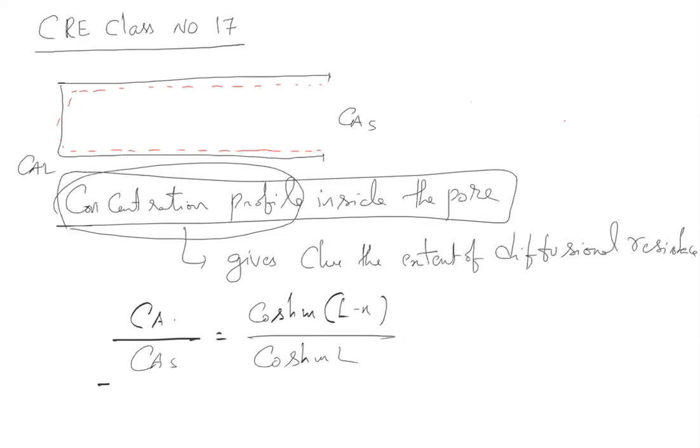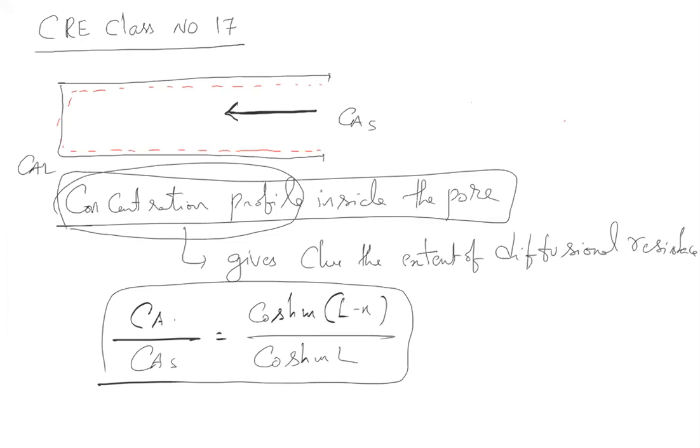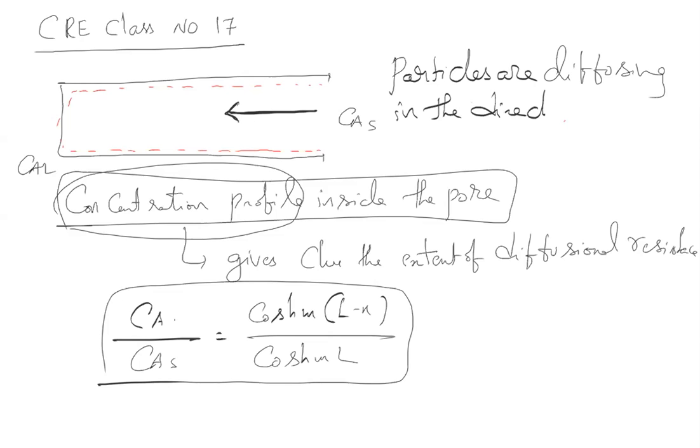Remember, here we are deriving for particles diffusing in the direction of L. The same pore can have another derivation where particles are diffusing in the direction of R. That is also possible. But here particles are diffusing in the direction of L.